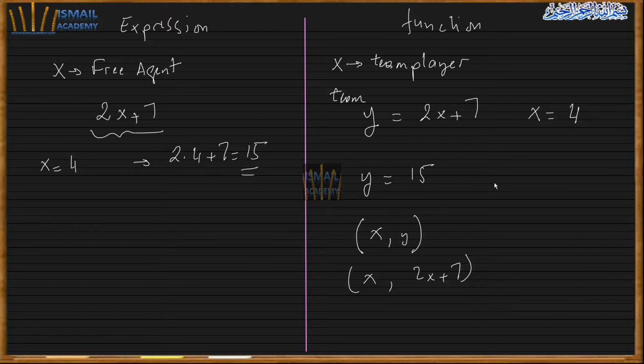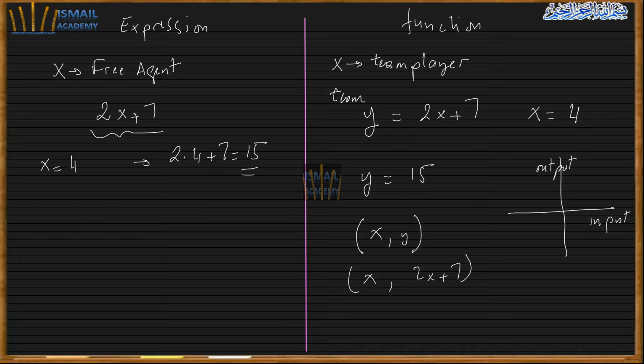Because in the graph we always have two things. We have what is my input, and which output I got. So that's the difference again. As you see, the difference between expression and function now.